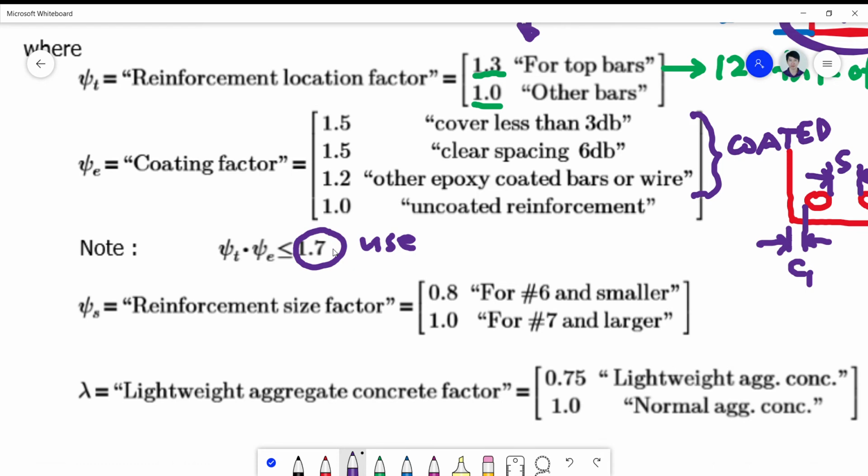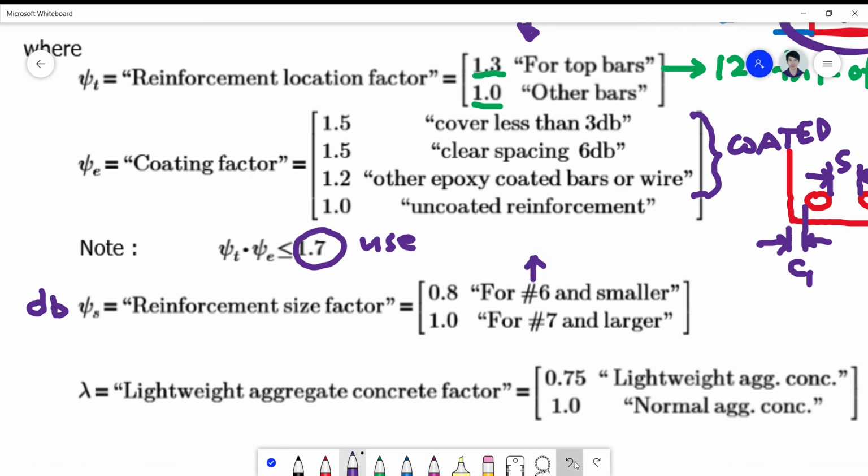Okay, for your reinforcement size factor, we are now dealing with the diameter of the bars, dB. If the diameter of the bar is number 6 and smaller, number 6 is actually what?